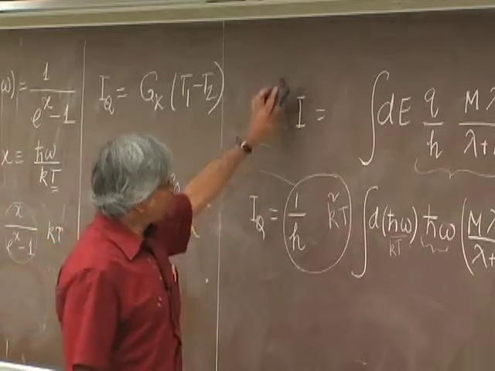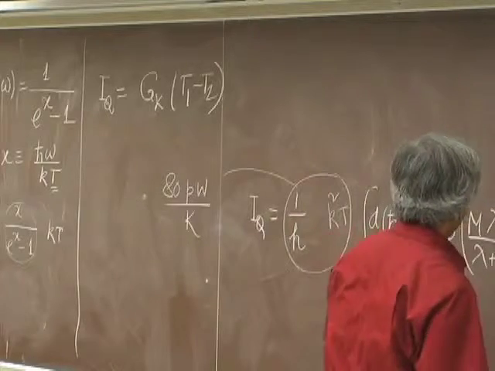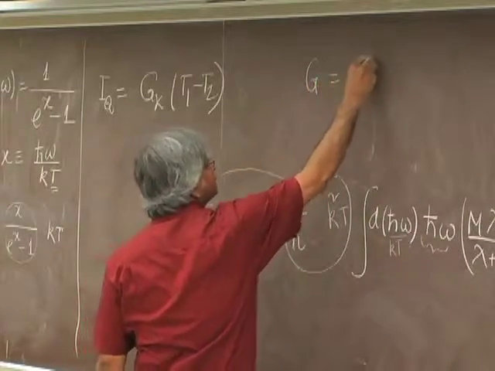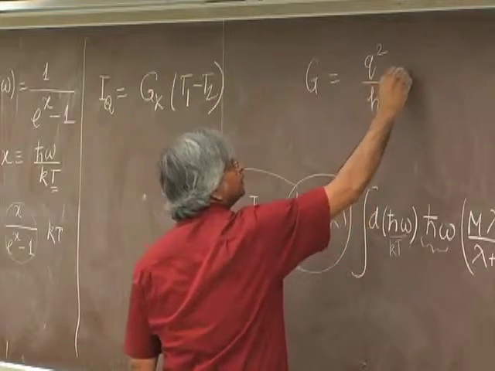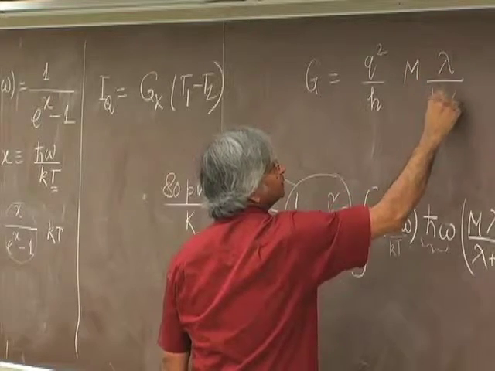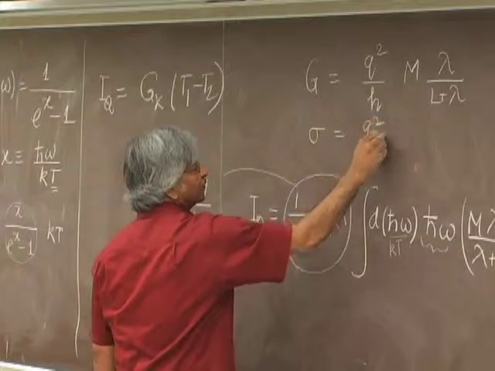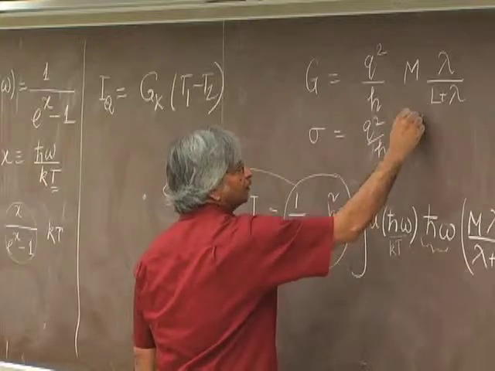And just as when we talk about conductance, I made this point that conductance is like Q squared over H, and then there is M lambda over L plus lambda. And so if you wanted conductivity, you would look at Q squared over H, M over A, times lambda.